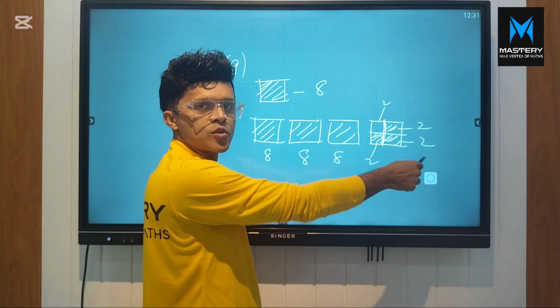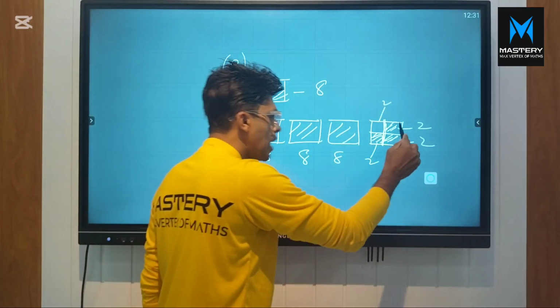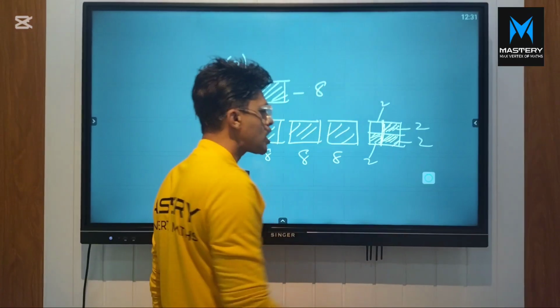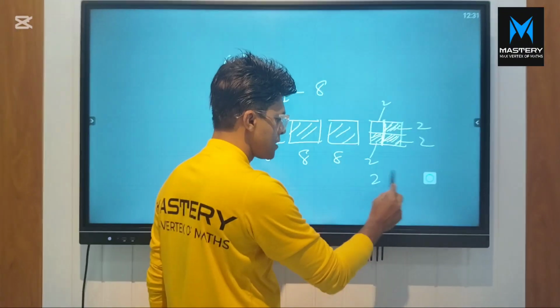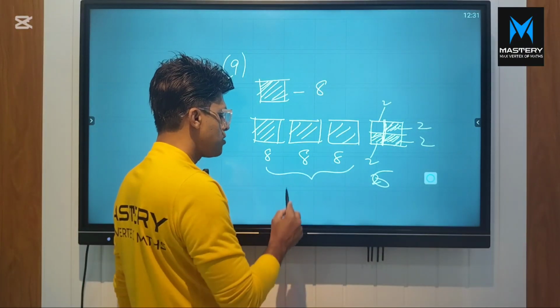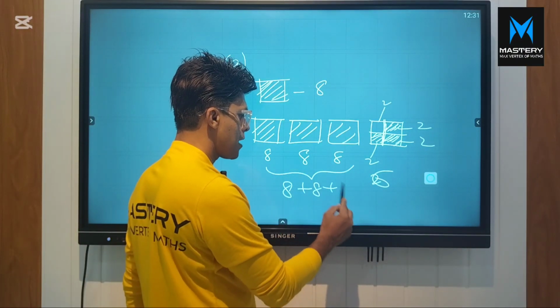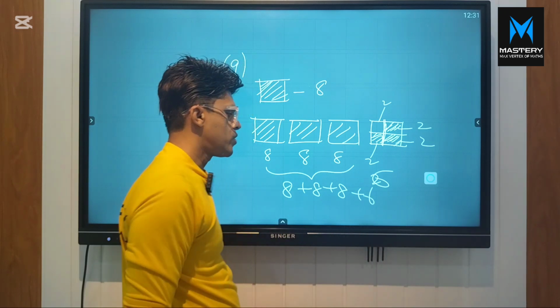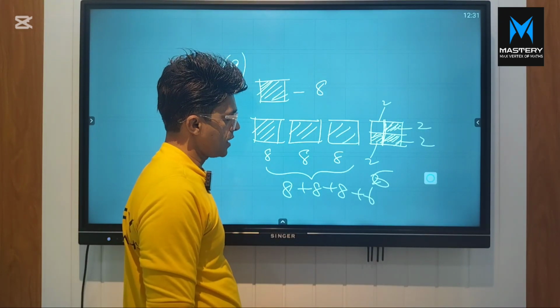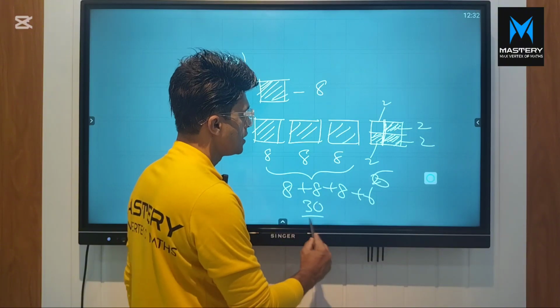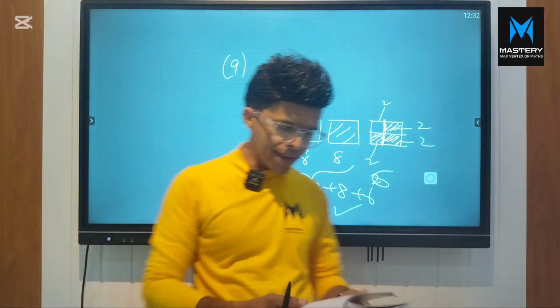Then 2 plus 2, 4 plus 2, 6 plus 2, 8. So the total of these colored segments is 6. So the value is 8 plus 8 plus 8 plus 6. So 8 plus 8 plus 8 is 24, plus 6 is 30. The answer is 30.